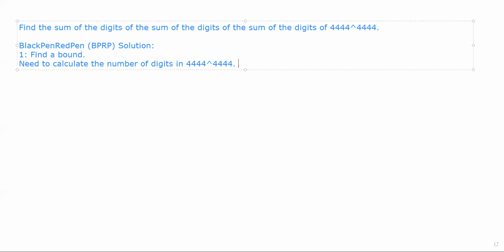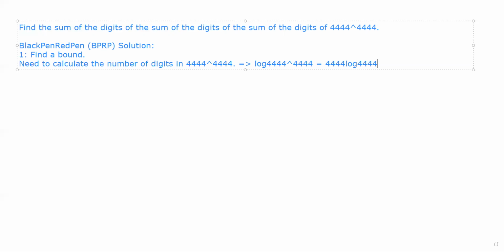The way he did it was by taking the log of this number. So log of 4444 to the power of 4444, which equals 4444 log 4444.